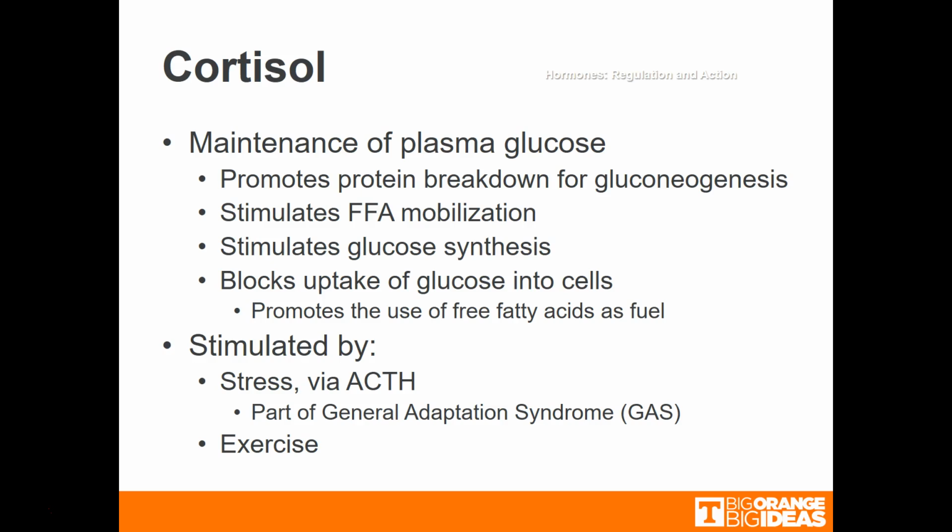Glucose synthesis will increase, and it will block the uptake of glucose into cells and promote the use of free fatty acids. Cortisol is stimulated by stress as well as ACTH, and that's part of the general adaptation syndrome. You also have cortisol being released during exercise.